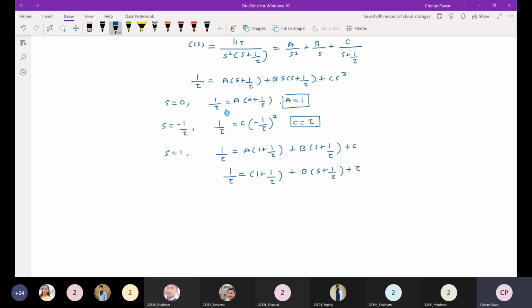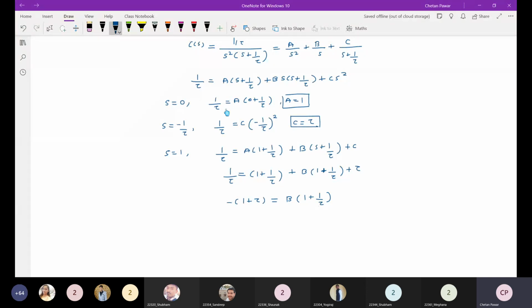So just simplify this. So this will be like minus 1 plus tau, right? Oh, here 1, I forgot to put 1 here, right? That will be 1 plus 1 by tau. All right.